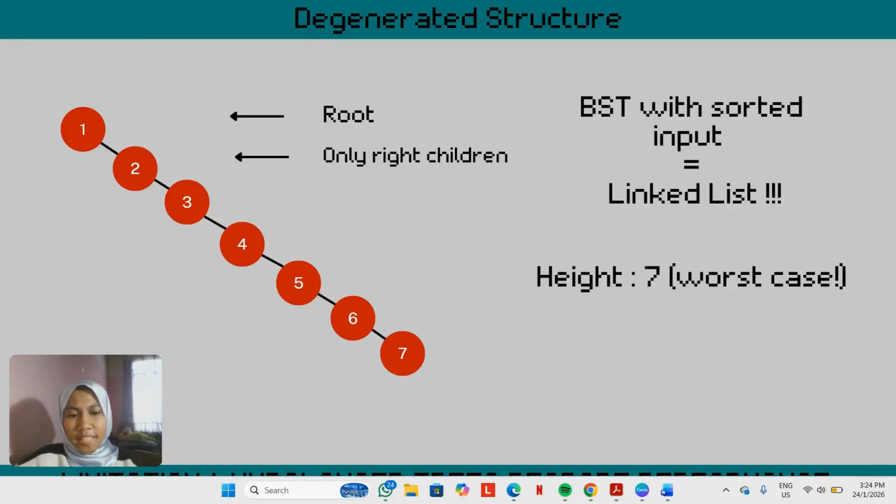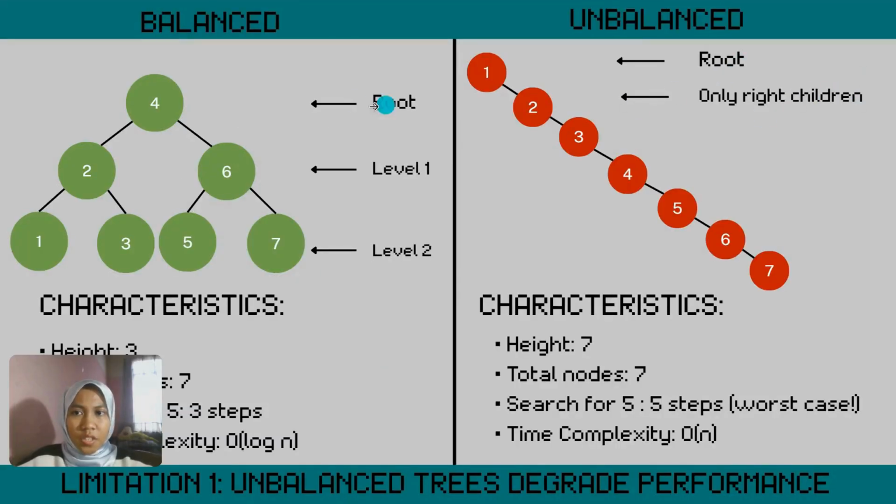Now, let's search for the value of 5 by comparing these two structures. On the left side, we have the balanced tree, and it only takes 3 steps to find 5: first 4, then 6, and then 5. The time complexity is O(log n), which is very efficient.